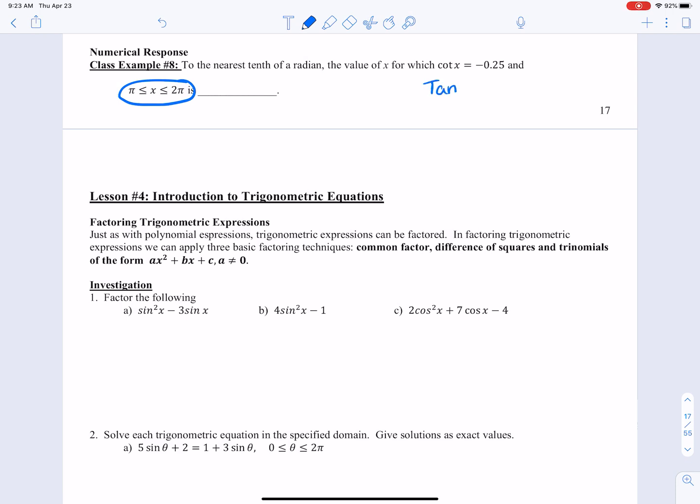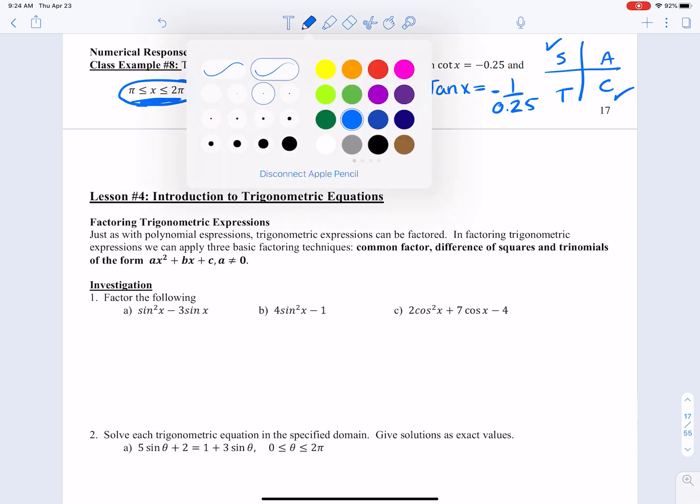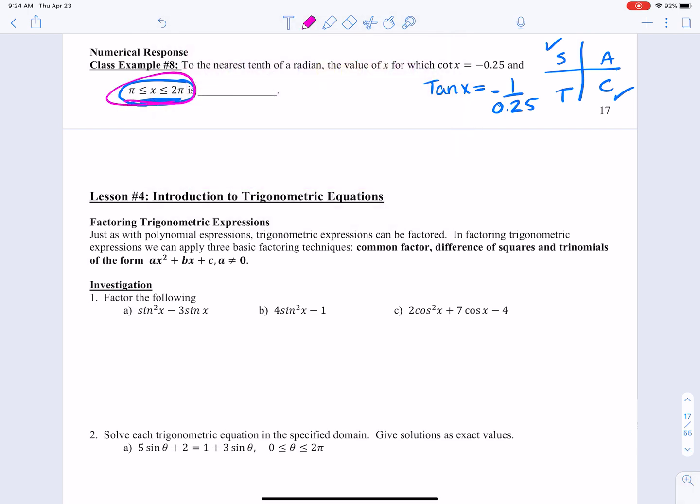We have tan x is equal to negative 1/0.25. So let's take a look at my CAST rule here. I know that tan is negative in quadrant 2 and 4, but if you take a look at the domain, this right here, we're only allowed to respond to answers from pi to 2 pi.